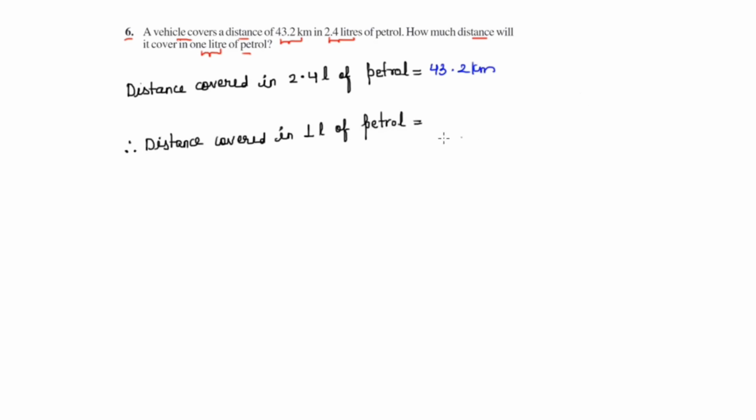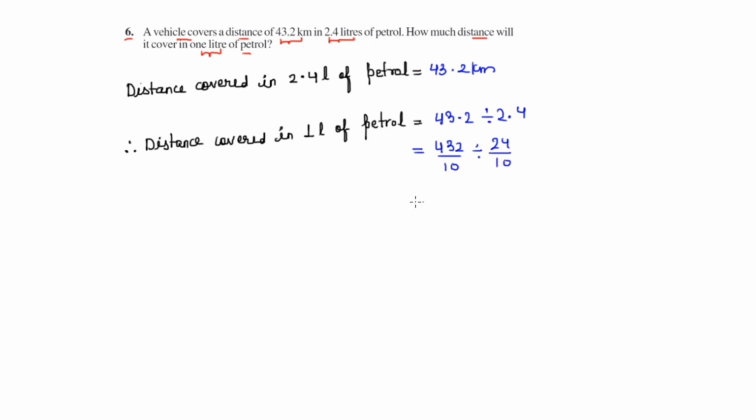Therefore the distance covered in 1 liter of petrol will be 43.2 km divided by 2.4 liters. Clear? In this way we can easily find the distance covered in 1 liter of petrol. 43.2 can be written as 432 over 10 divided by 24 over 10, as we can write 2.4 like this, right?